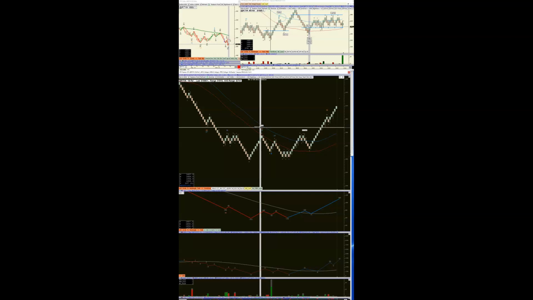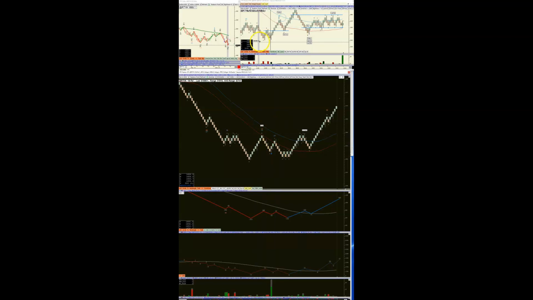Again, the likelihood of heavy price volume action at higher time frame levels increases the likelihood that the heavy price volume behavior is a sign of strength if it's coming from support, sign of weakness if it's coming from resistance.